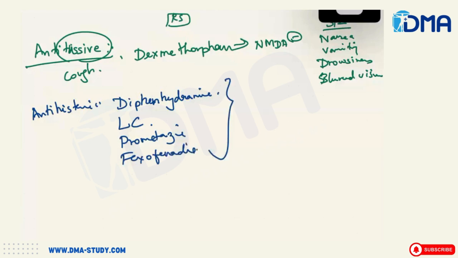What is their role? They decrease the histamine release from the mast cells in the respiratory tract, thereby causing a decrease in the inflammatory reaction. The problem with these drugs is they can cause sedation. It is a tranquilizer. We try to misuse it.